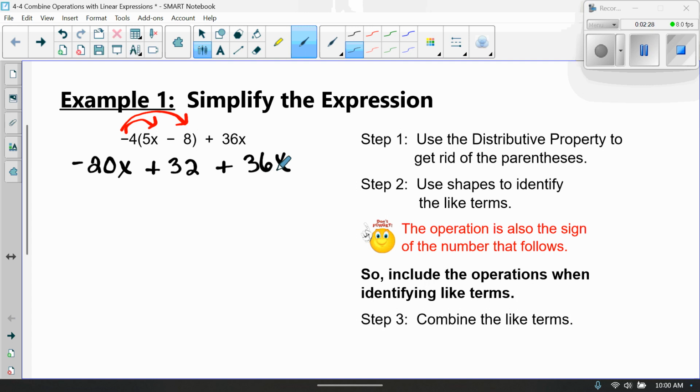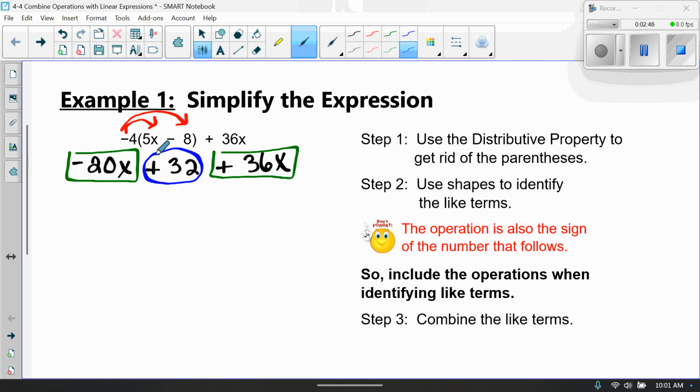Okay? Now we're going to use our shapes to identify our like terms. Because now there's no parentheses, we have to combine our like terms. So we've got some x terms, and we have a constant.